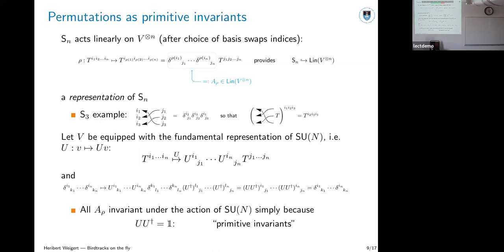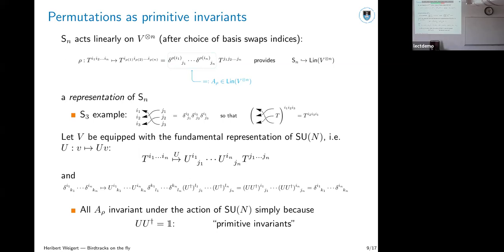So, in fact, this provides an injection, a group isomorphism, of the permutation group into the linear maps on our tensor space. This is a representation, if you wish, of the symmetric group Sn, the permutation group on n objects.